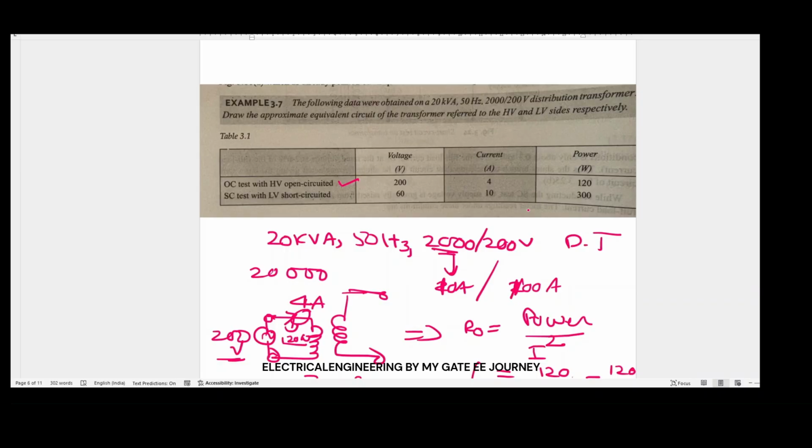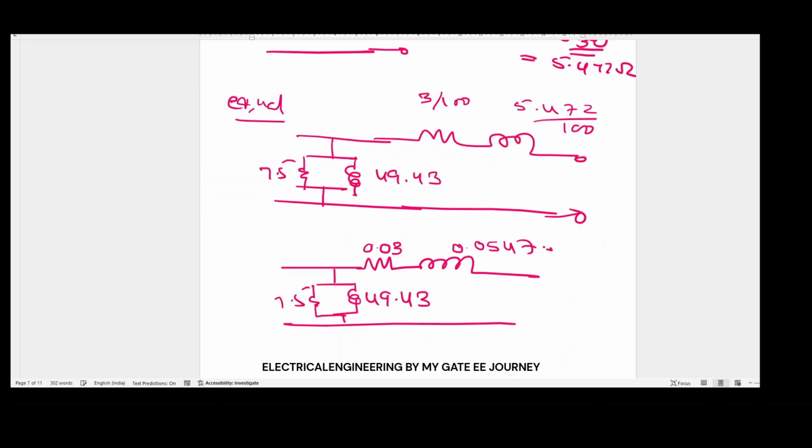At the same time 5.196 by 100. Further, we can simply draw: this is 7.5, this is 49.43, this is 0.03, this is 0.0572. All are in ohms.